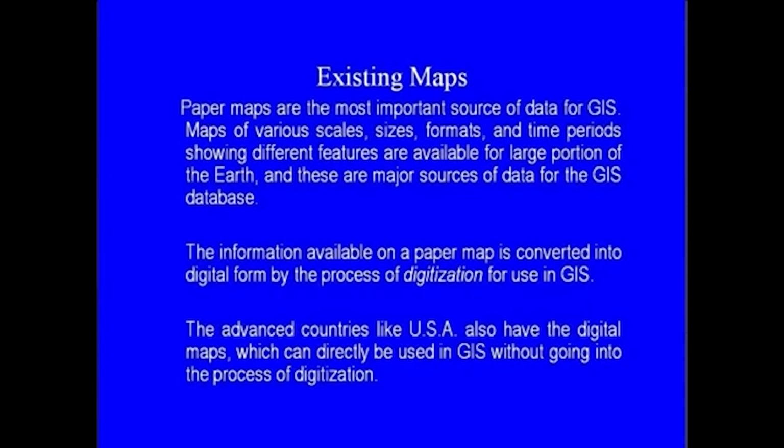The information available on a paper map is converted into digital form by the process of digitization for use in GIS. Advanced countries like USA also have digital maps, which can be directly used in GIS without going through the process of digitization. Well, this saves a significant amount of time for the analyst when creating such databases from paper maps.